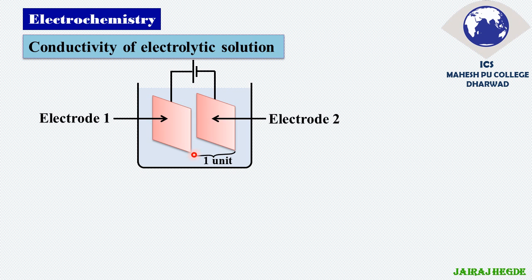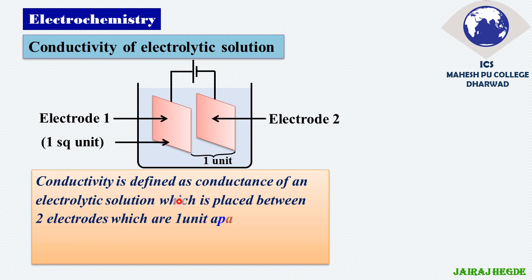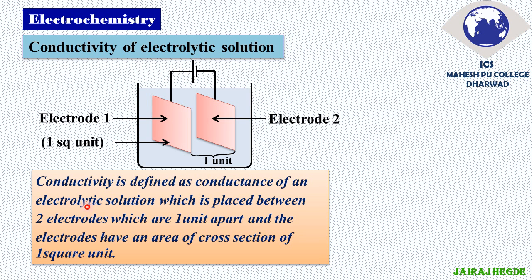If the distance between two electrodes is 1 unit, whether it may be 1 centimeter or 1 meter, and the area of cross section is 1 square unit, that means either 1 square centimeter or 1 square meter, then conductivity is defined as the conductance of the electrolytic solution.